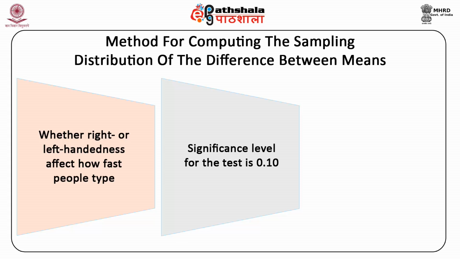Significance level for the test is 0.1. Since you are looking for a difference between the groups in either direction, that is, right-handed faster than left, or vice versa, this is a two-tailed test.